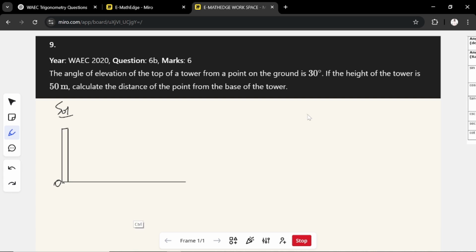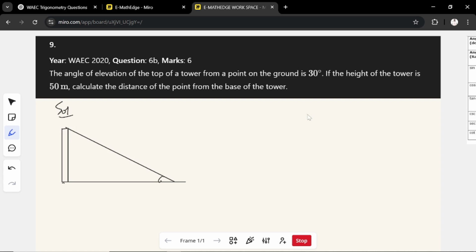So since this is angle of elevation and we were told that it forms an angle of 30 degrees from the top of the tower, that is to say the angle 30 is formed by the observer, who is at this point, looking upward to the top of the tower.